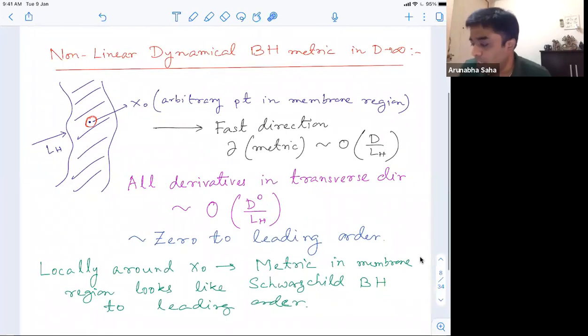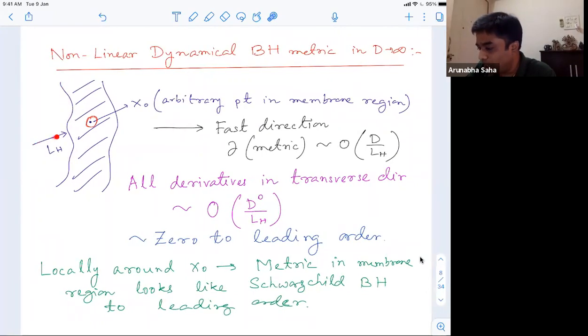Now, what about nonlinear dynamical situations? I modeled this nonlinear dynamics by putting some undulations on the horizon here. So the local radius of curvature is LH. And as I told you, there is still this membrane region where non-trivial warping of the space-time happens.